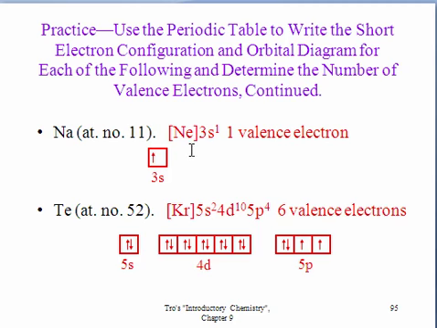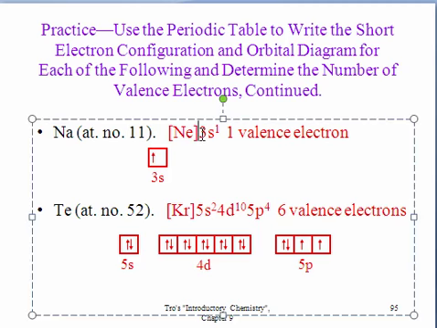Now, if we took a look at its electron configuration, we can see that 3 is the highest energy level for sodium. There's 1 valence electron there. And if we were to draw the orbital diagram for the valence electron, this is what it would look like. 1 unpaired electron. And if we drew out the electron configuration for tellurium, we would see that we have 6 electrons in our 5th energy level. 2 plus 4 is 6, 6 valence electrons, and after our noble gas configuration, this is what our orbital diagram would look like.